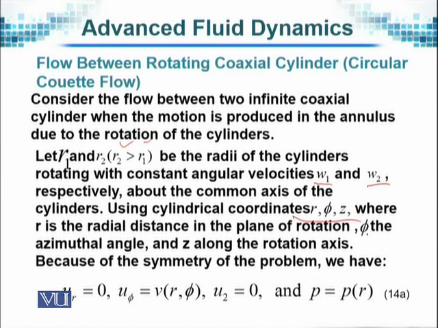Because of the symmetry, the equations of motion will be simplified to this version. Now remember, we have to write down the Navier-Stokes equation by converting the rectangular coordinates into cylindrical coordinates, and the cylindrical coordinates chosen are r, phi, z.